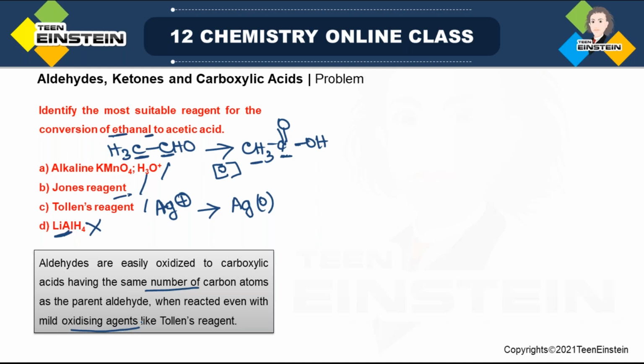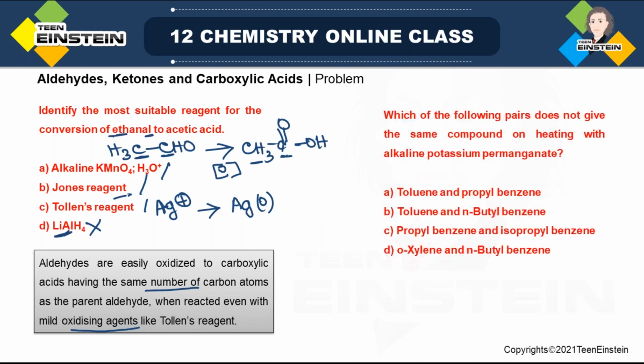The aldehyde, which is the starting material, has very good reducing property, so a very mild oxidizing agent will serve the purpose of oxidizing aldehyde to carboxylic acid. As aldehydes are very good reducing agents, mild oxidizing agents are enough for this conversion. So option C will be the correct option.